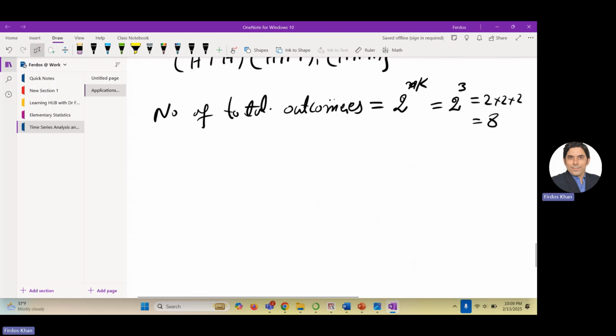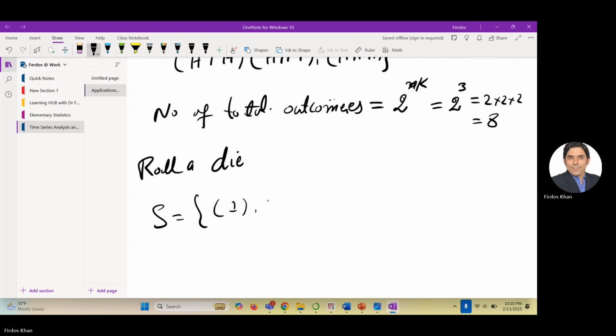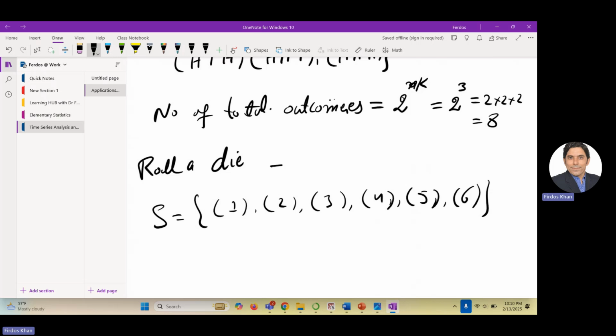And similarly, if you roll a die, in that case you have the sample space that can be 1, 2, 3, 4, 5, or 6. And if you want to repeat this experiment, remember that now this has 6 possible outcomes, and k is 1.